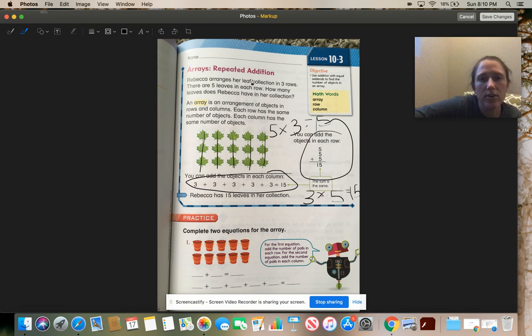I could say 2 plus 3 is 5. I can also say that 3 plus 2 equals 5. The order doesn't matter. It's the same thing with multiplication. 5 times 3 equals 15, and 3 times 5 equals 15.